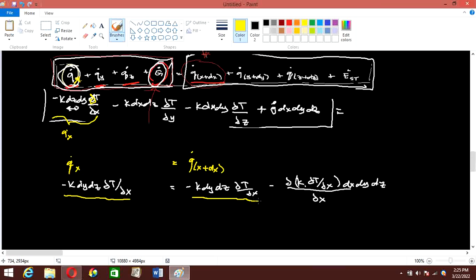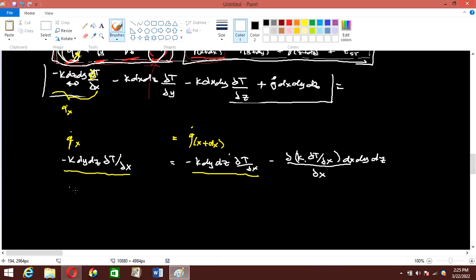Okay. And if we're going to move all our expressions to the left side, we can see that we can cancel out this term because this now will become positive, then this also will become positive.